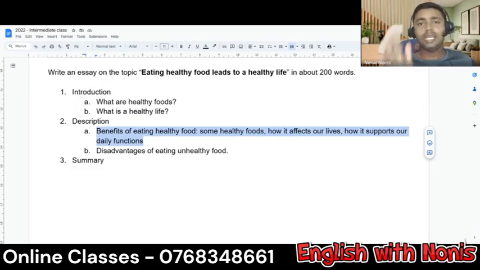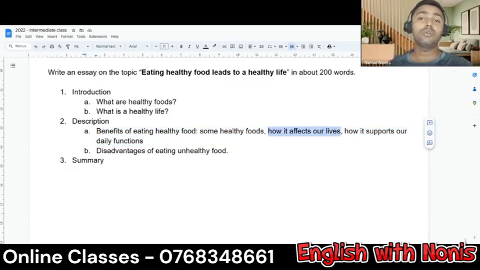That is okay. That's why we call it the sketch work. You might think, rather than talking about how it affects our lives, we might have to write about something else. That is perfectly okay. But first you have this outline of the essay. Then with that you are going to write the essay.